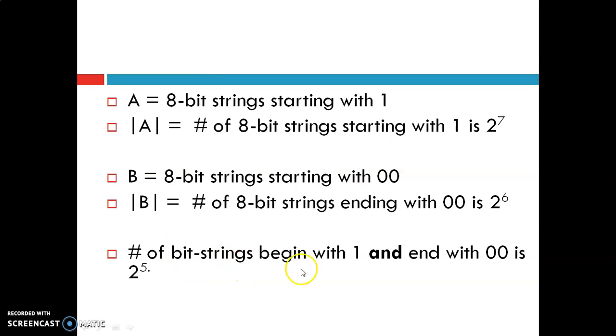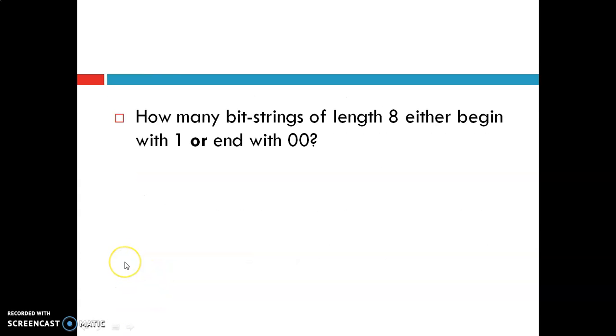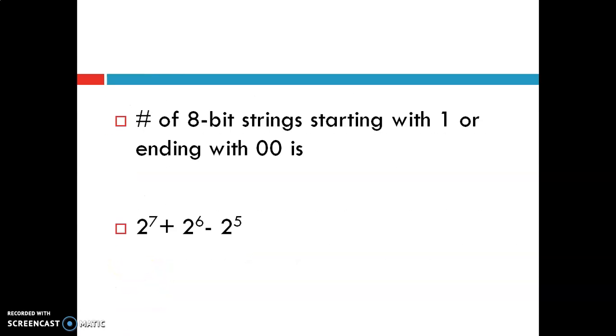Some strings may start with 1 and end with 00, and that possibility is 2 raised to 5. Therefore we have to subtract that from the addition of these two. This is the sum rule.